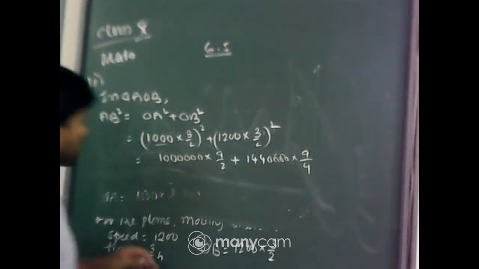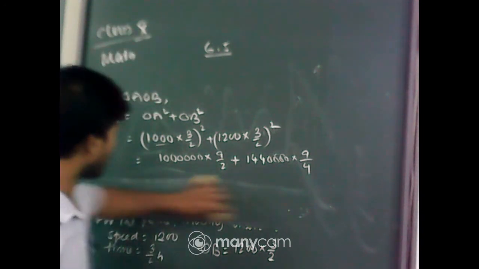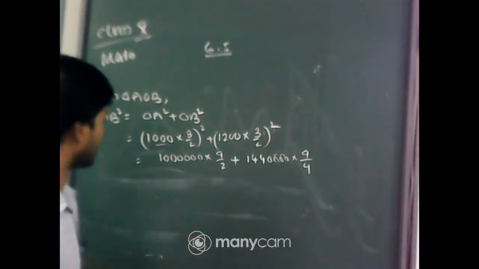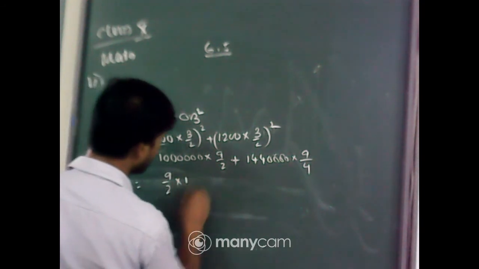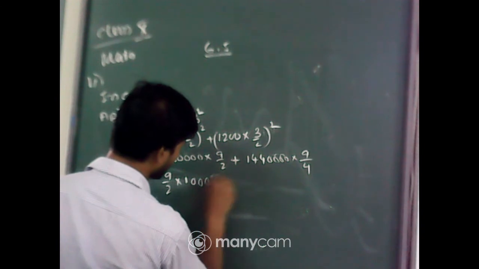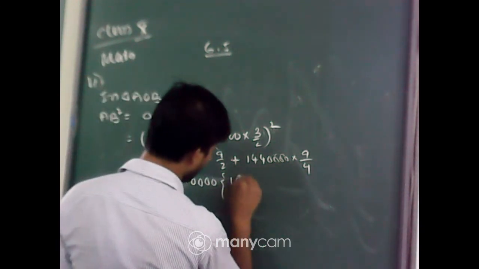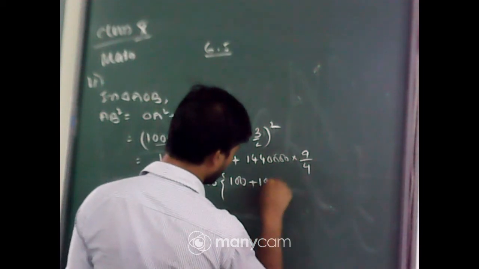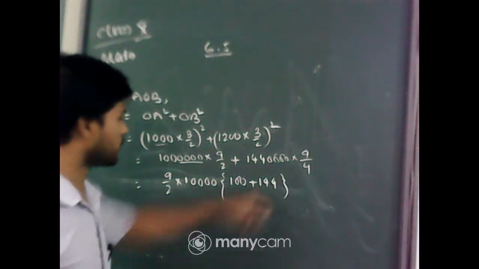Now from here, look, you can take 9 by 4 into 10000 common. So if you take 10000 common, it will be 100 plus 144. Now add them.